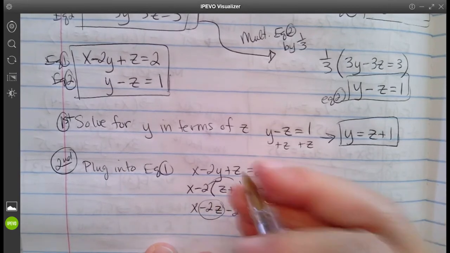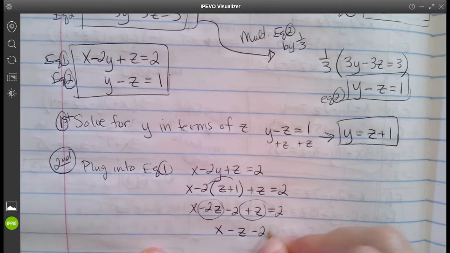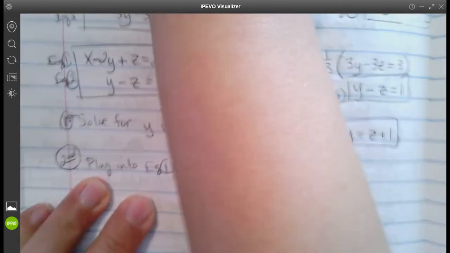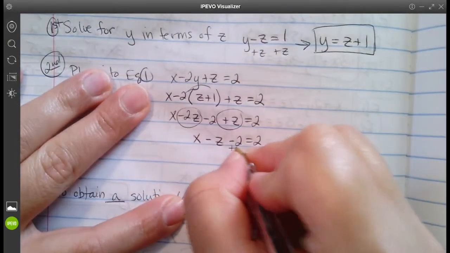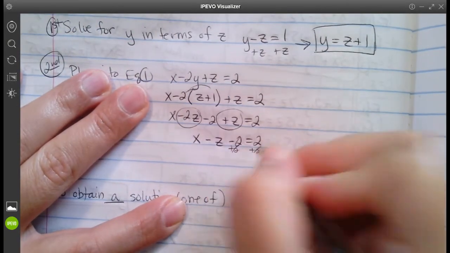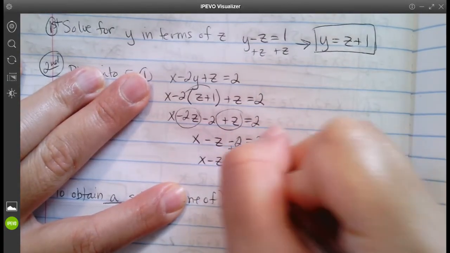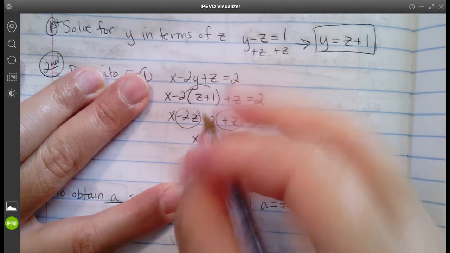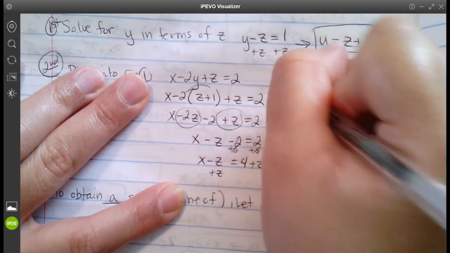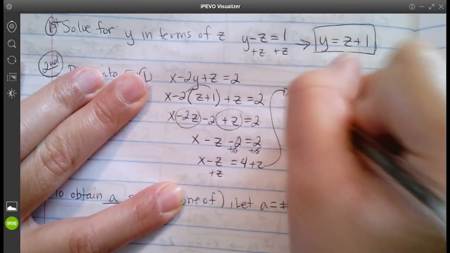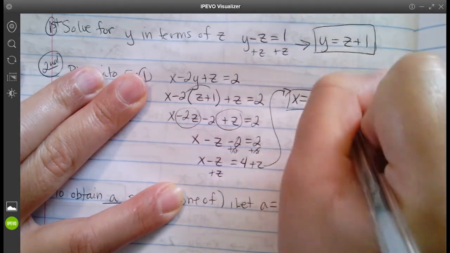Combine like terms, which gives us x minus z minus 2 equals 2. I'm going to add the 2 to both sides, so x minus z is equal to 4. Move the z over, so x is equal to z plus 4, or 4 plus z, however you want to think about it.